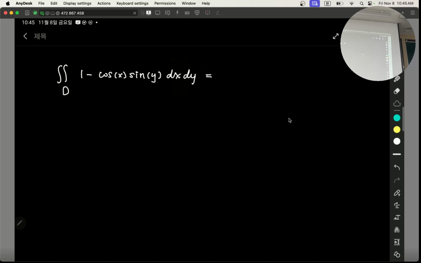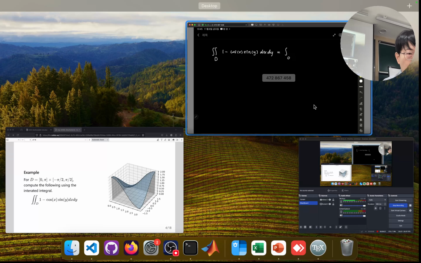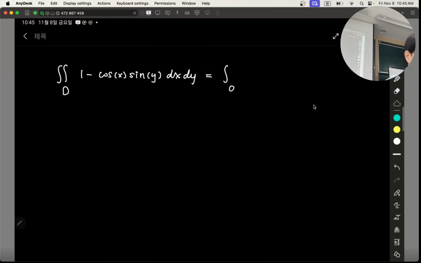Before you apply the Fubini theorem, you need to check whether it's continuous. But cosine and sine are continuous functions. Of course, it's continuous. So I want to apply the Fubini theorem. Let me set the x range from 0 to pi, and the y range from minus pi over 2 to pi over 2, for 1 minus cosine x sine y.